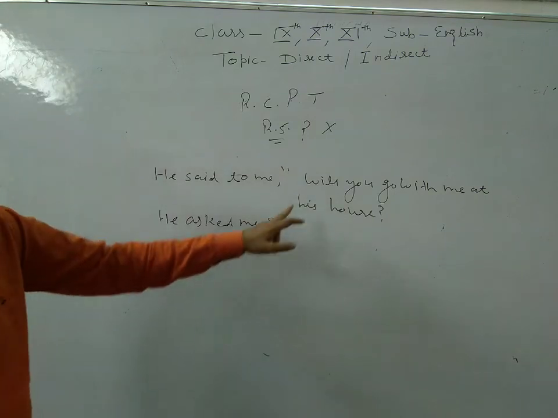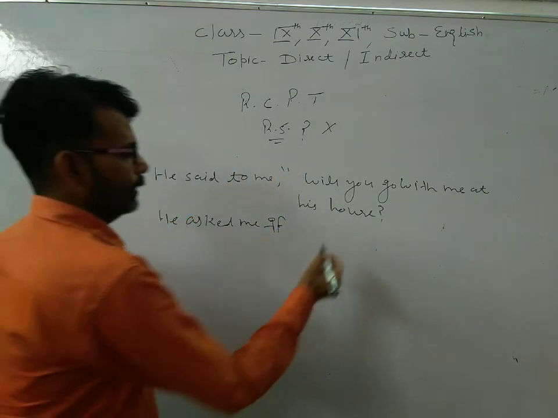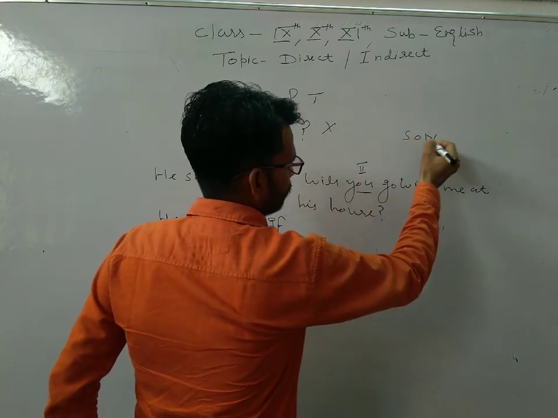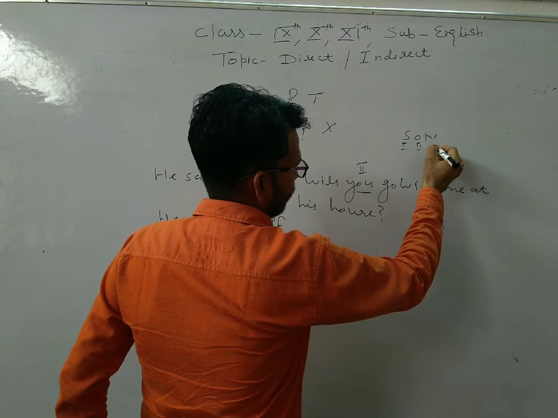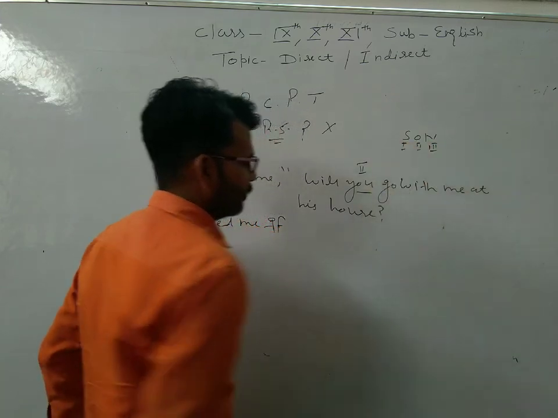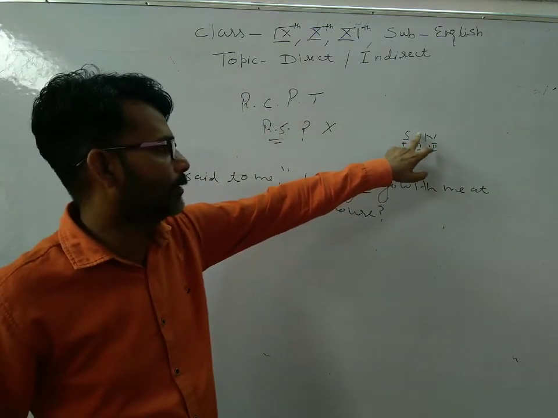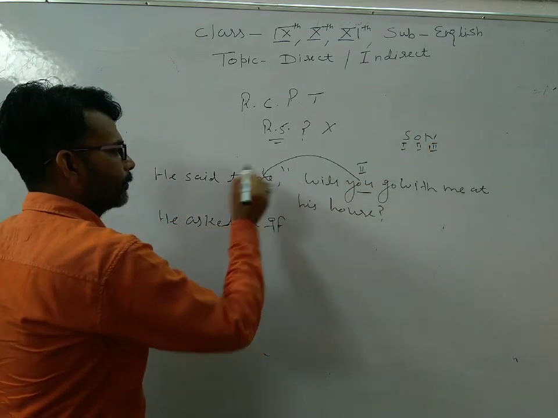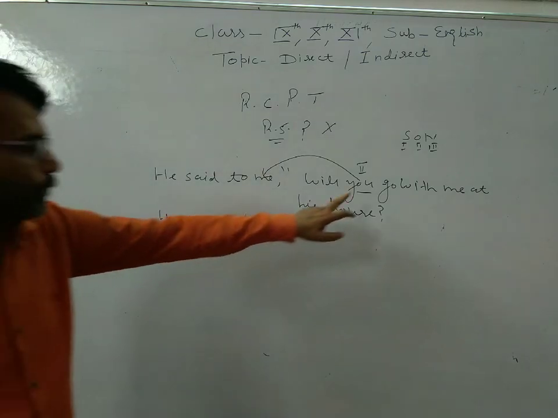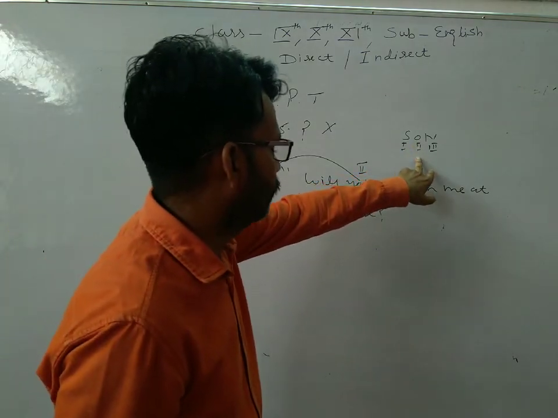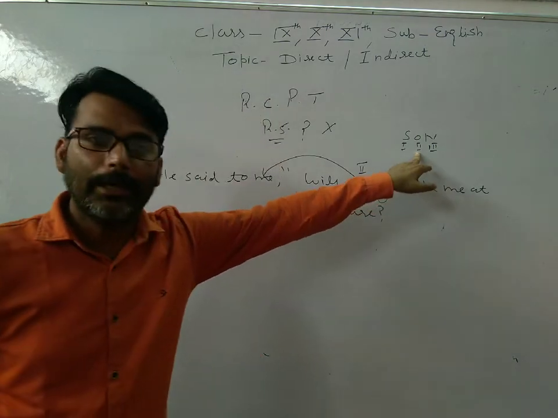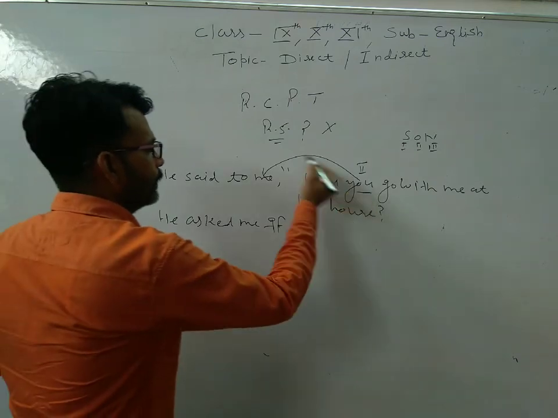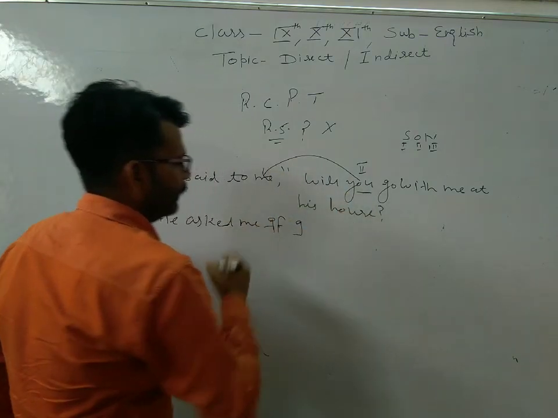Okay, then we have to change the person. According to the rule, first will change into the subject, second person will change into the object. You is the second person, and according to the rule, the second person will change into the object who is listening. So "you" will change into "I".